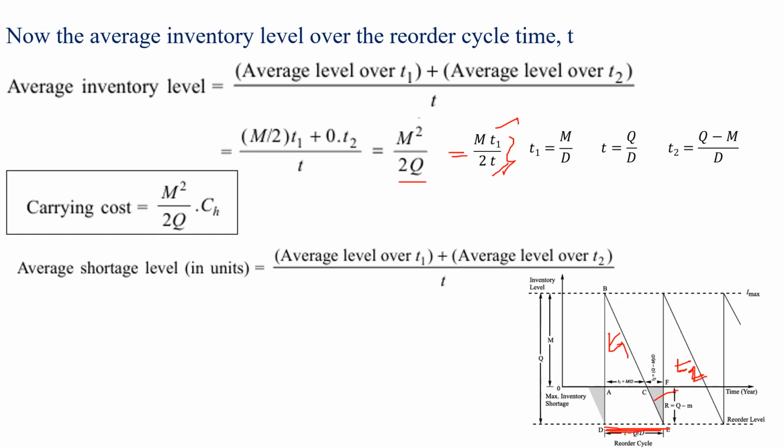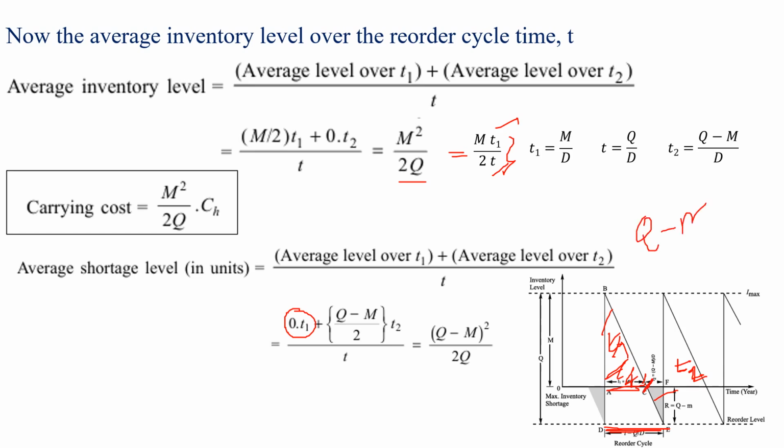Here there is no shortage, so we are considering only the inventory quantity. Obviously it will become 0 into T1.